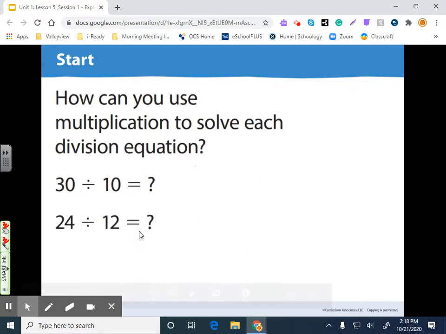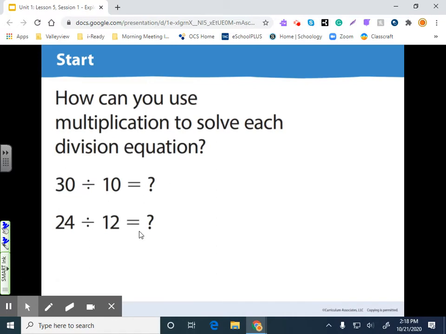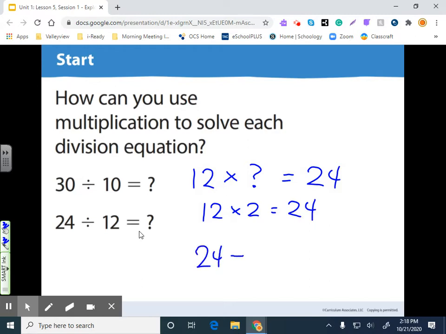Let's do the next one. This is 24 divided by 12. So what we're going to do for this one is do 12 times something equals 24. And you probably know that 12 times 2 equals 24, because you know your multiplication facts, which means this will be 24 divided by 12 equals 2.